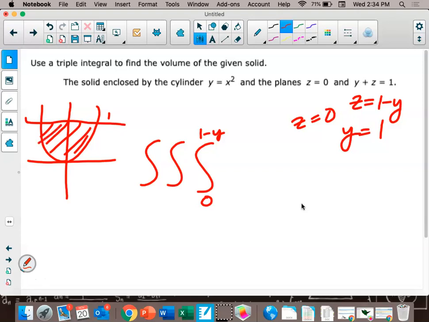So that's why I always shade my region, so I don't accidentally go 0 to x squared. So my y's are going from x squared to 1, and then my x's would be negative 1 to 1. Does that make sense? Yes. Okay.